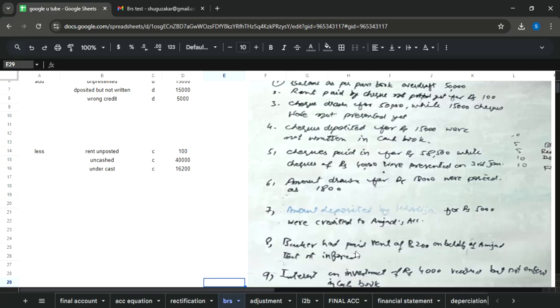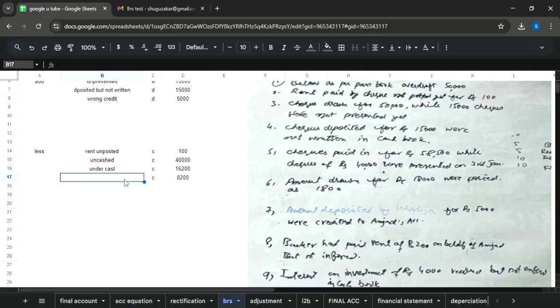It means the amount was drawn without information. Since it was not informed, obviously Amjad has not recorded the decrease in bank account. A decrease in bank account should be credited. So you will choose this credit side and you will write the amount 8200. I'm again telling you, if due to misprinting somebody had written 200 or 8200, both are correct. Alright.